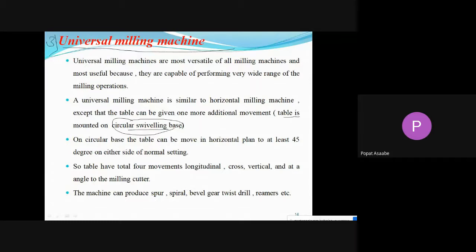You have to remember that in the universal milling machine your table is mounted on the swing base.